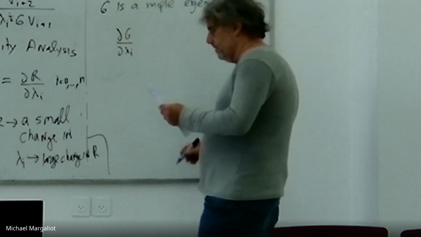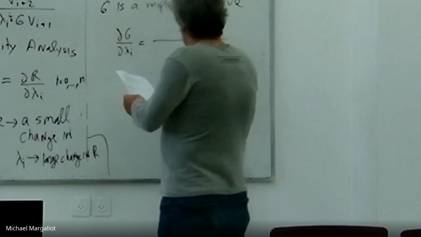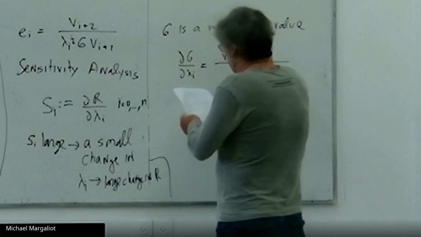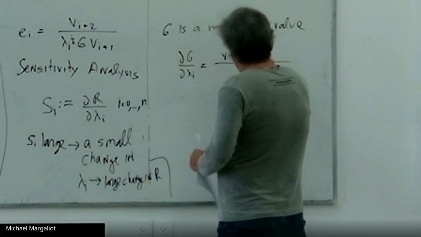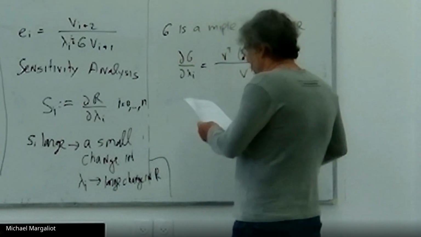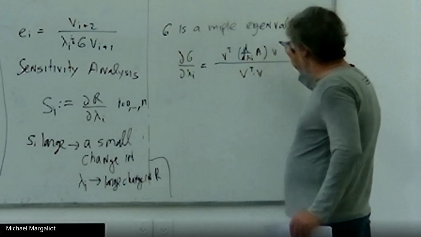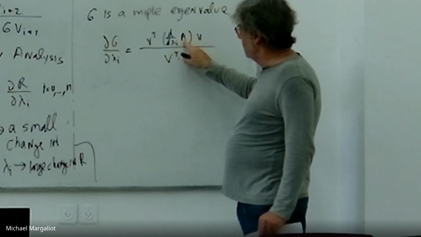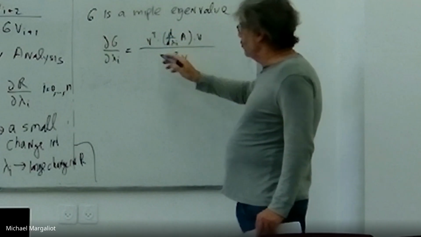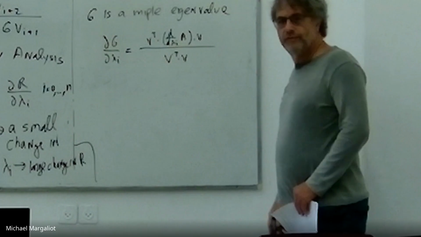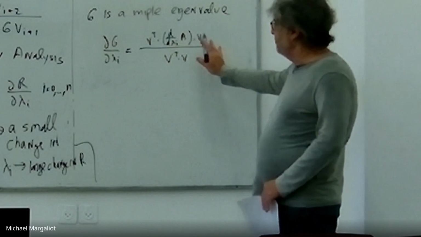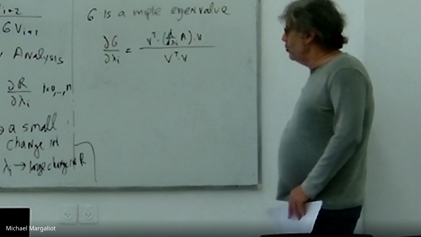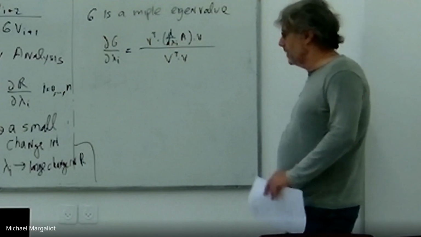And there is a known formula, and if you like, I can prove it for you, that says what will be the change in the Perron root if you change lambda i in A by a little bit. This is known from linear algebra.